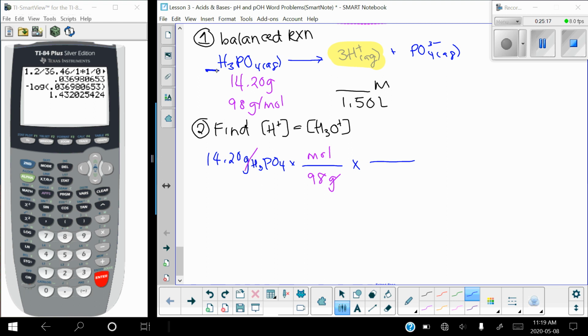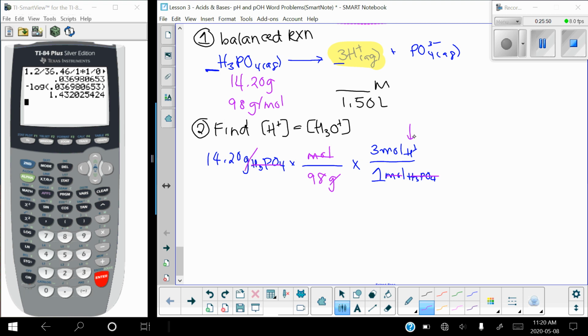I have 1 mole of H3PO4, my phosphoric acid, and I have 3 moles of my H+. Let's do some canceling. Moles cancels out with moles. Phosphoric acid cancels out with phosphoric acid, and now I have moles of my H+.